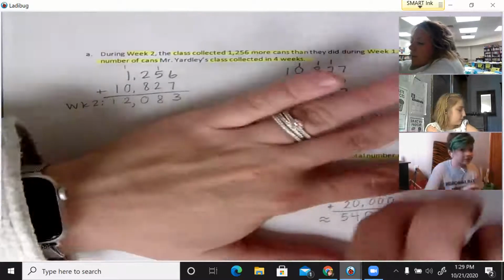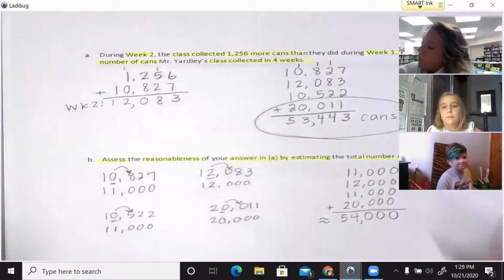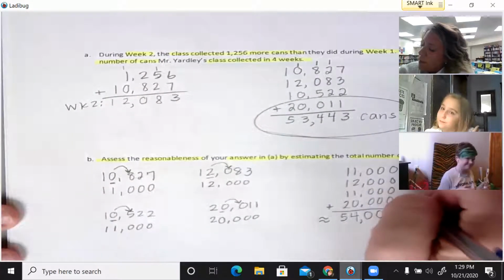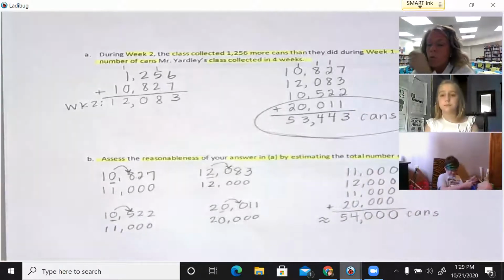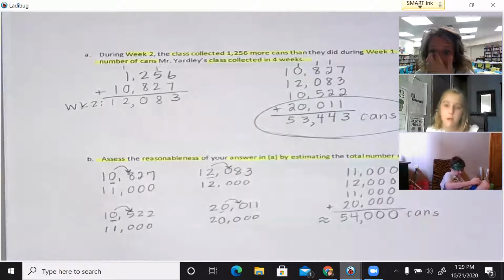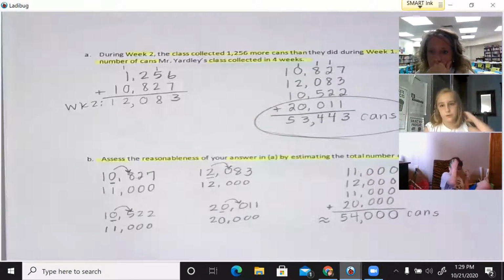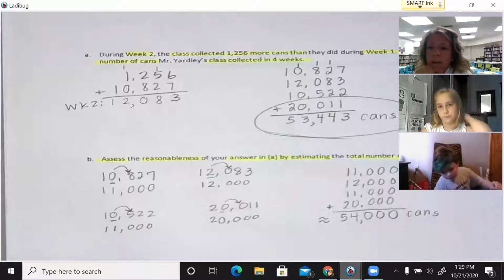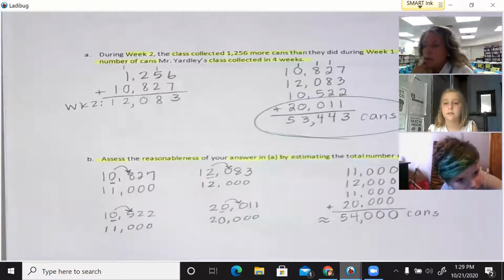Oh, not tickets. I'm thinking back to the last column. About 54,000 cans. Sophia, what was my actual answer in part A? 53,443. Is that close to 54,000? Yes.